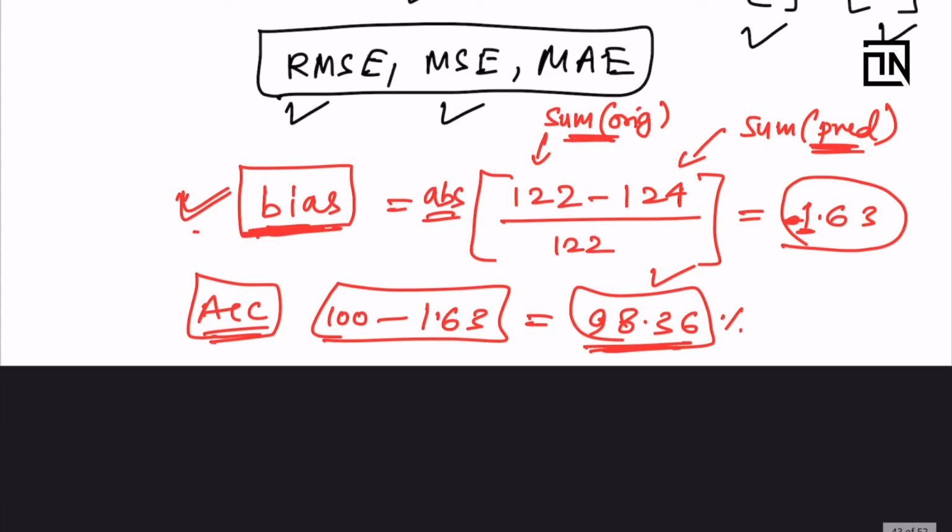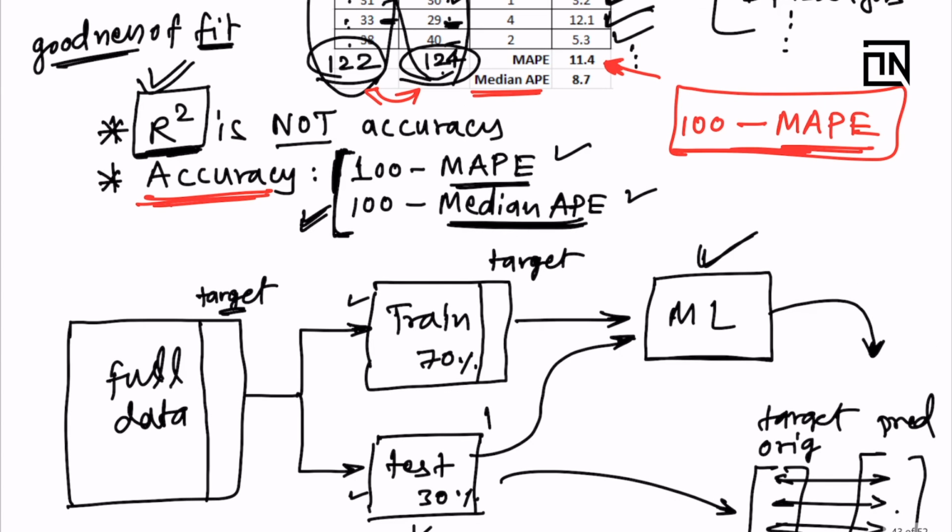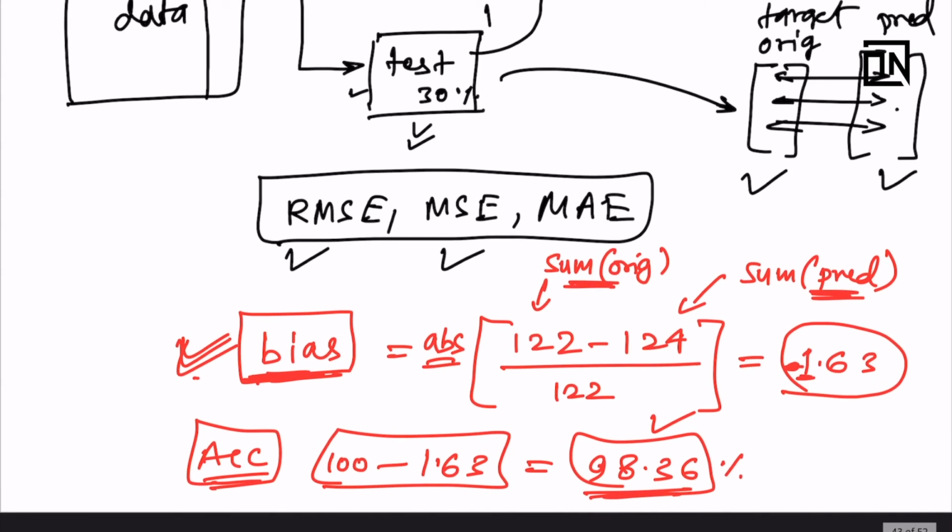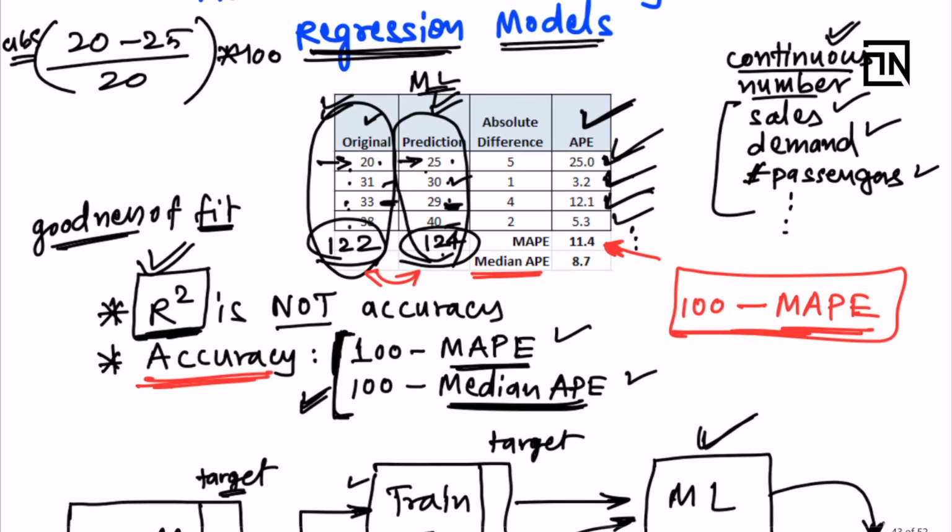So if you are using bias, you must always use it in conjunction with MAPE, because MAPE gives me event-level or row-level accuracy, and bias gives me overall accuracy, which is sometimes misleading, because wherever you have made errors in predictions will get added up to where you have not made them, or made the errors in the negative direction, and then all of them would add up to a near value, and it will not give you a very correct sense of the model's accuracy.